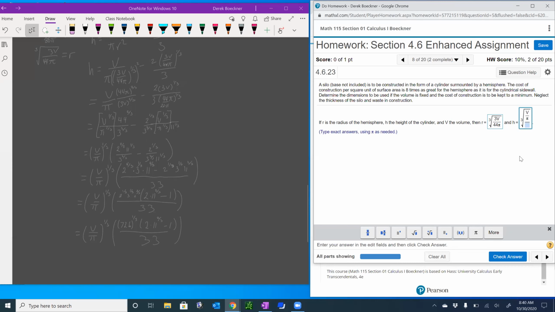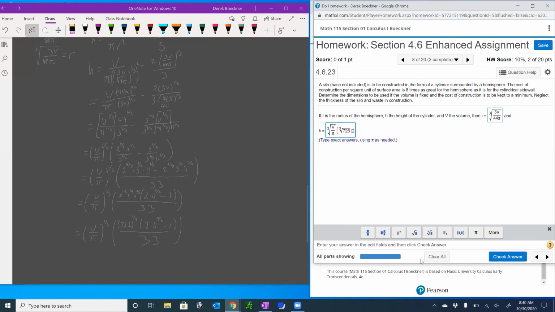Let's see what I'm doing. So in the numerator, I want the cube root of 726, and multiply that by 2, not square root, cube root, 11 to the 2/3, so I want 121.